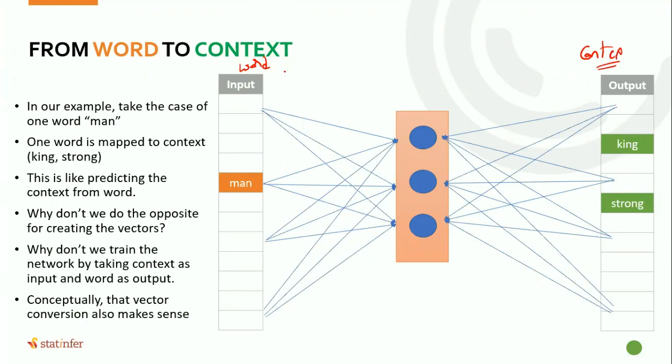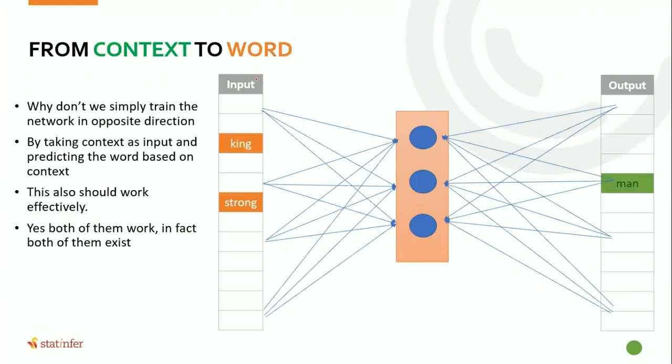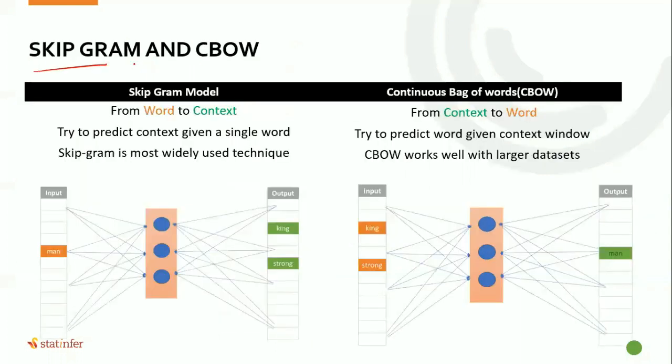Can we try that? Yes, we can actually take context as input, word as output. Instead of saying this word is in this context, we can also say this context is connected to this word. Both the methods are accepted. One method is known as the skip-gram method. The other one is the CBOW method, continuous bag of words.